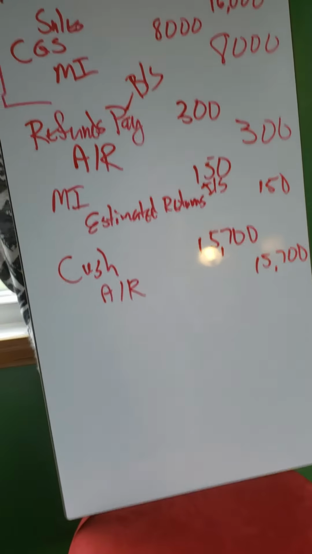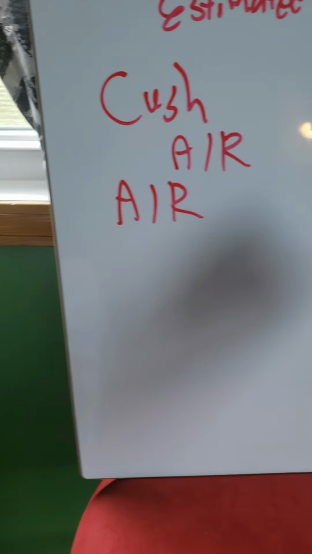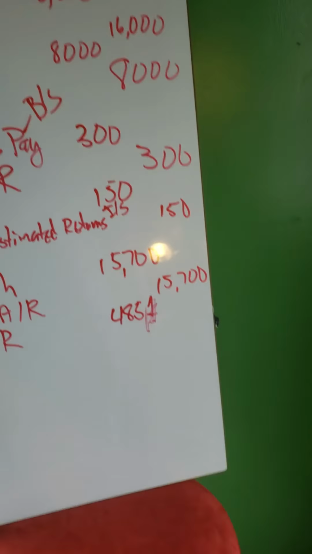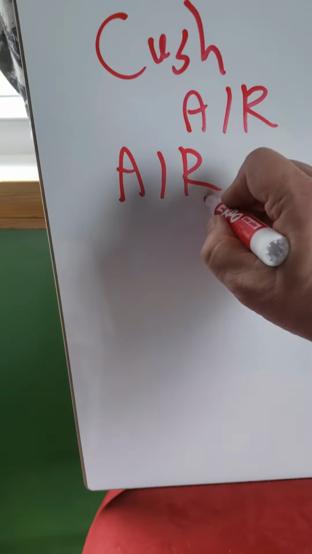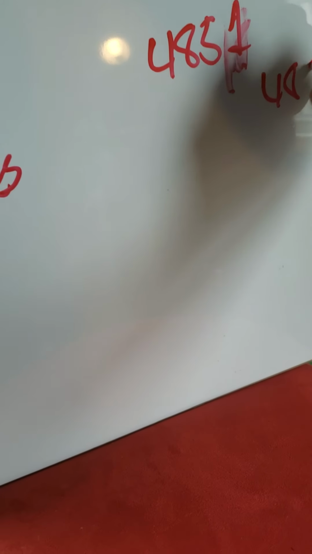And so we're going to have an account receivable for $4,851, in other words, 4,900 times 99%, and sales for $4,851.